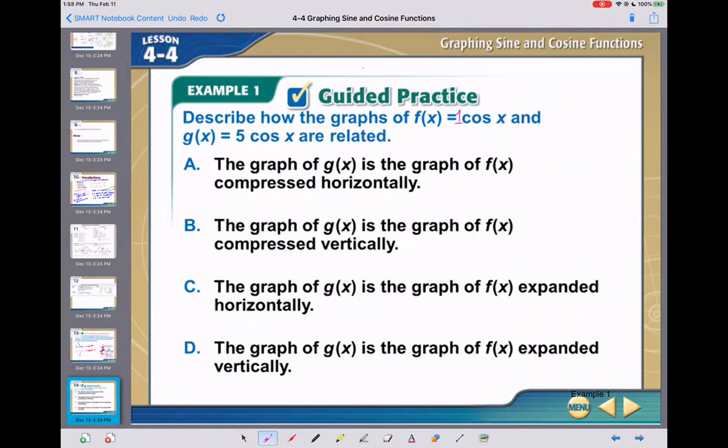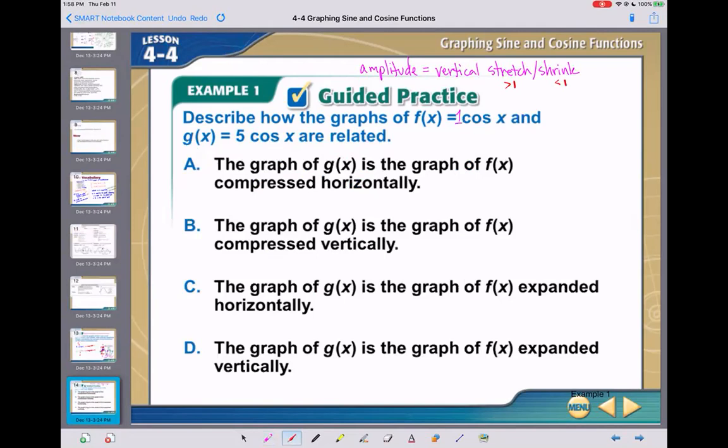Well, what you need to remember is that the amplitude, from the notes that I gave you before we started, is the same thing as a vertical stretch or shrink. If the number is bigger than 1, it's a stretch. If it's less than 1, it's a shrink. So stretch if it's greater than 1, shrink if less than 1.